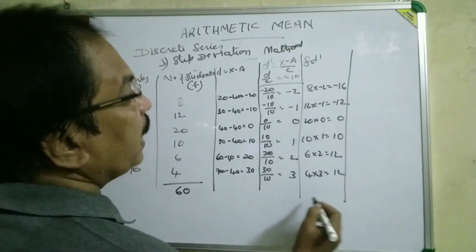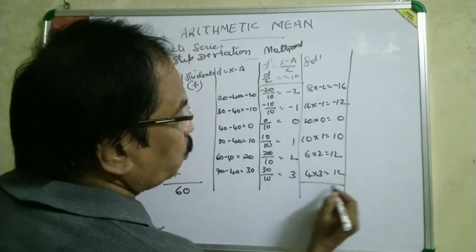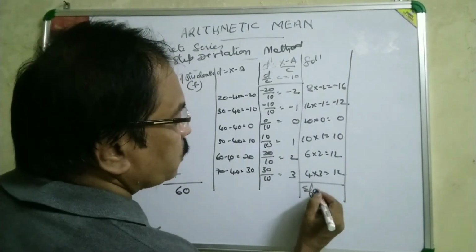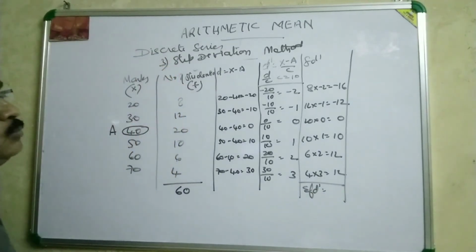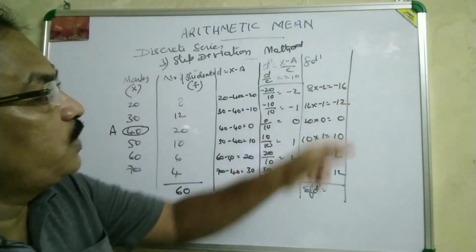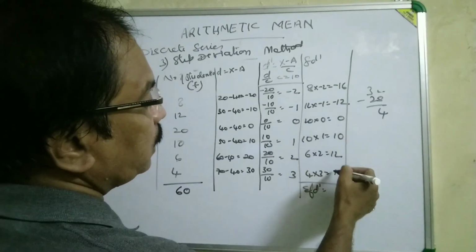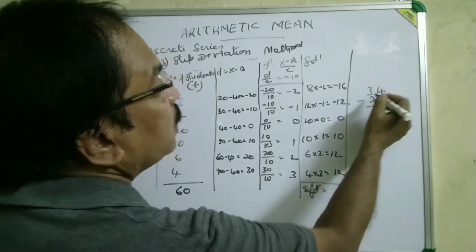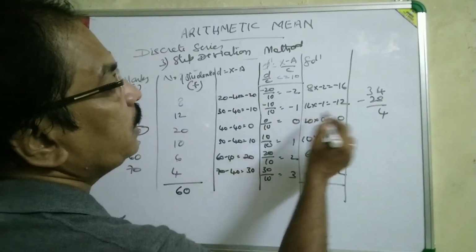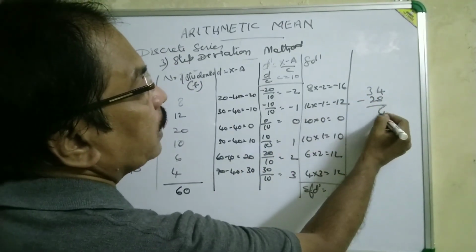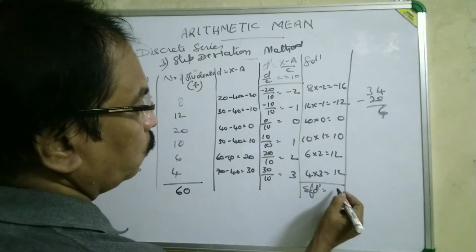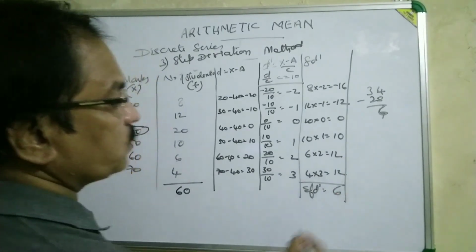So we got f d dash. Now we will total this, then we will get sigma f d dash. Negative values are minus 28, positive values are 10, 22, 34, that is 34. So 34 minus 28, we are getting 6. So sigma f d dash is equal to 6.